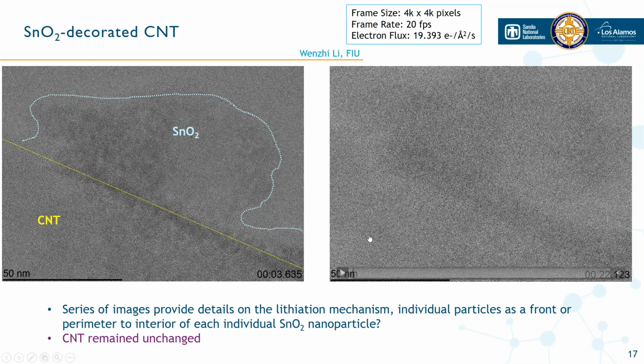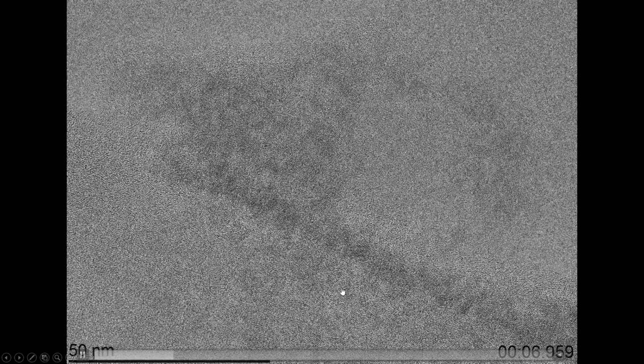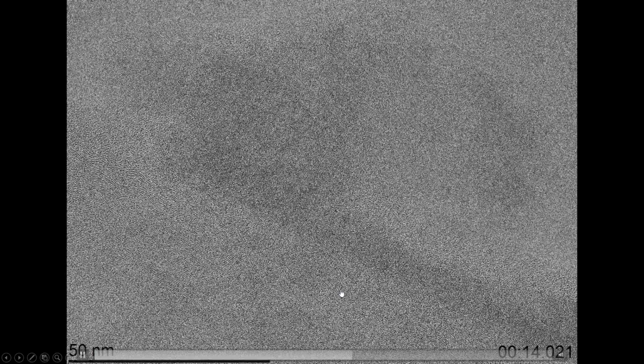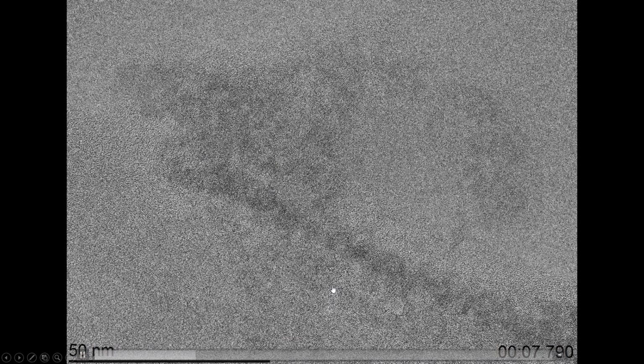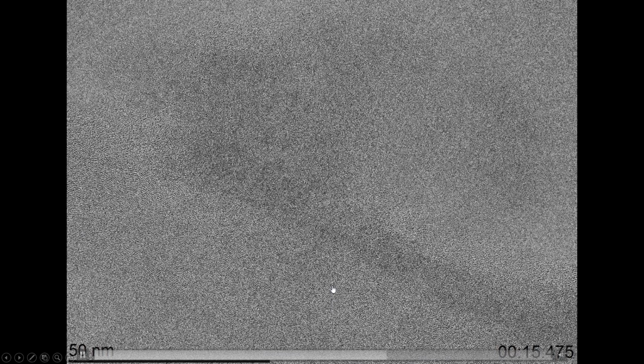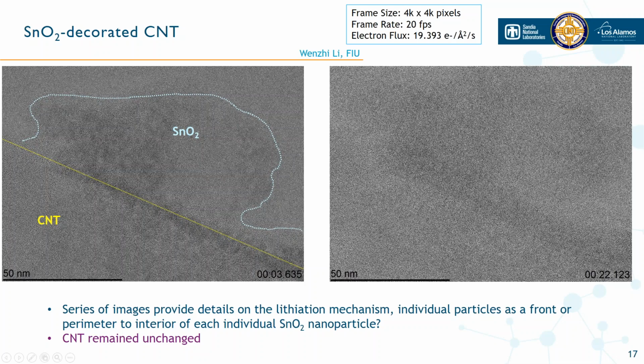That played really fast. But on the left in the image, you can see that on the top, the lattice of the tin dioxide nanoparticles goes away. As they're lithiated, they become amorphous. But we retain the lattice information in the carbon nanotube because that is untouched during this process.